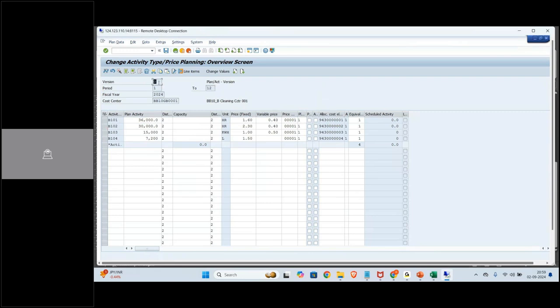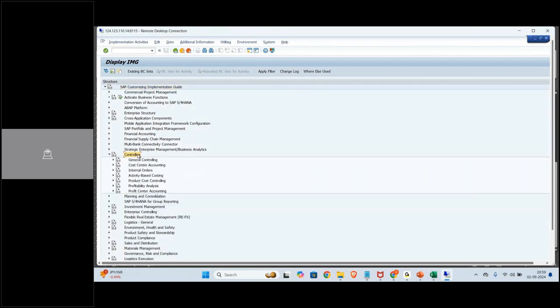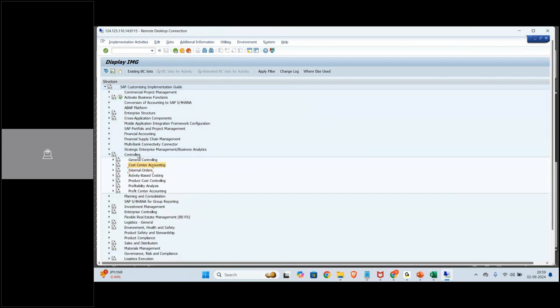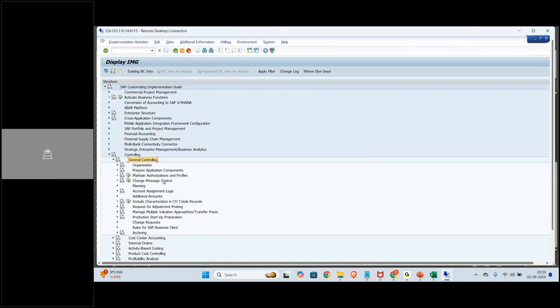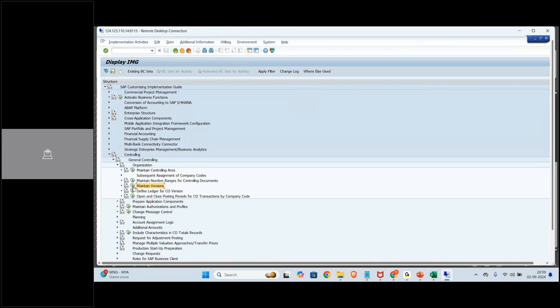This version you maintain in SIMG, under costing version. In controlling, general accounting organization, costing version, maintain versions.